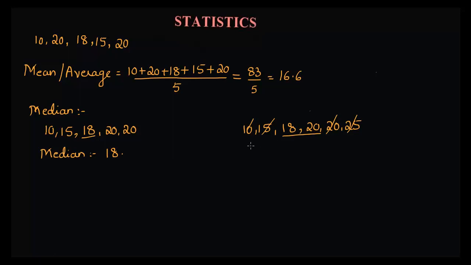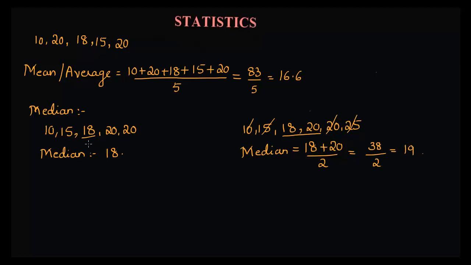So how do we find then? We will be just taking the average of these two, which is nothing but 18 plus 20 divided by 2. So it is nothing but 38 divided by 2, which is nothing but 19, right?